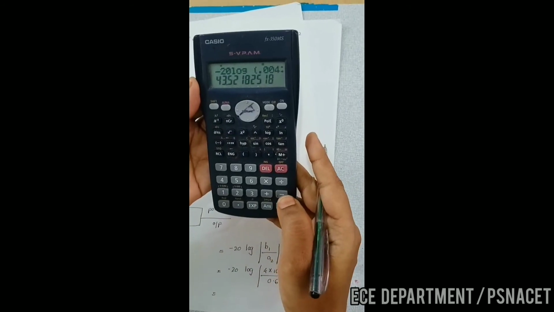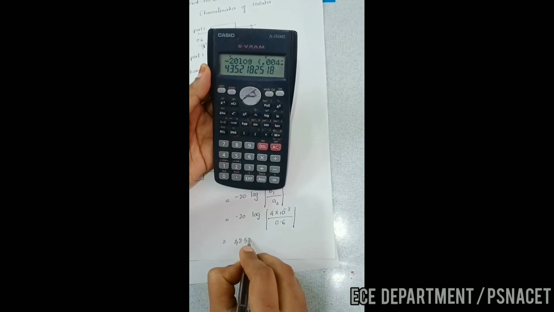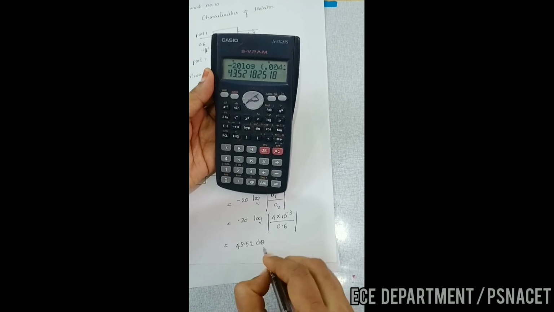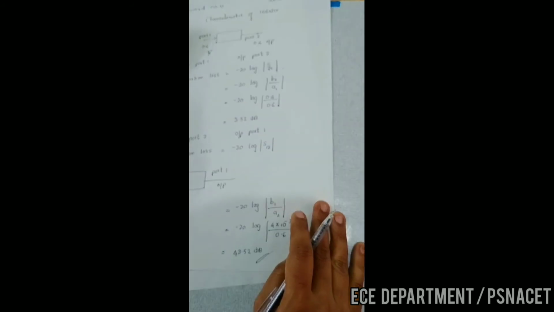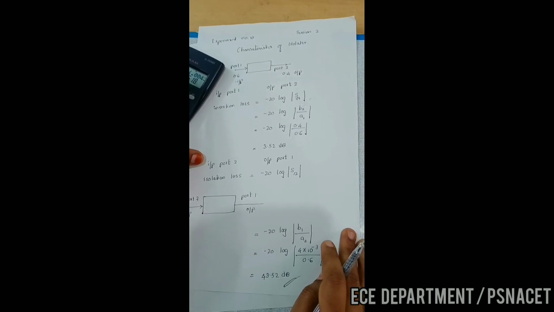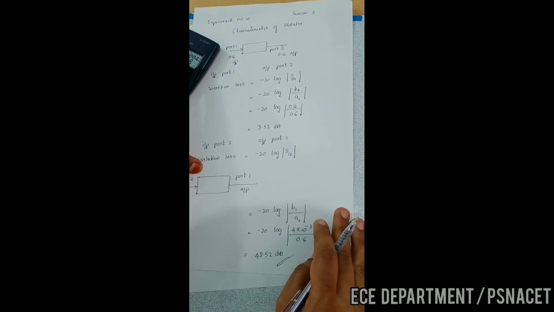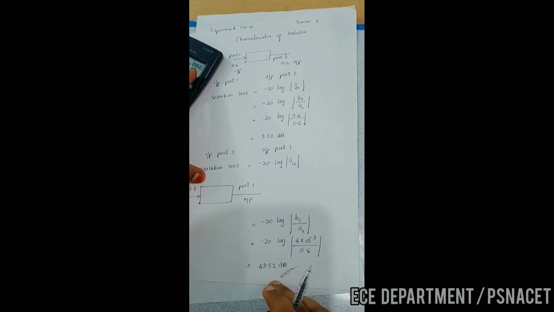That is equal to 43.52 dB. So what is the inference? The isolation provided by this isolator is 43.52 dB.